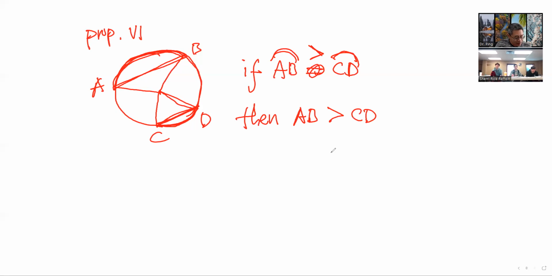So this is going to be our last proposition for this class, proposition 7, and basically it is the converse of proposition 6.